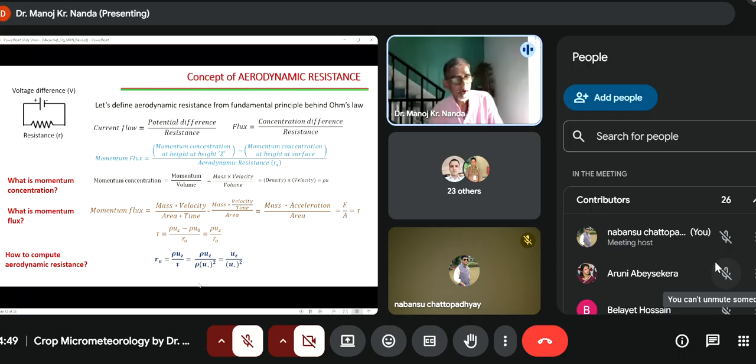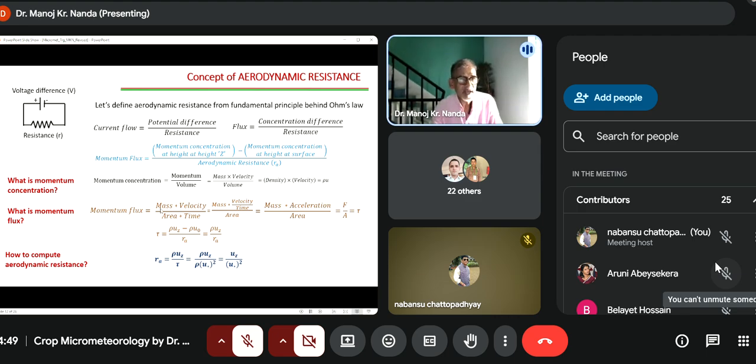Now, once you know this aerodynamic resistance, the same formula works for all kinds of fluxes. If you get the concentration difference in vapor between two heights, you get the same aerodynamic resistance. Concentration difference by resistance is your vapor flux. You get the concentration difference in carbon dioxide between surface and some height above, and you divide by the resistance, you get the carbon flux.